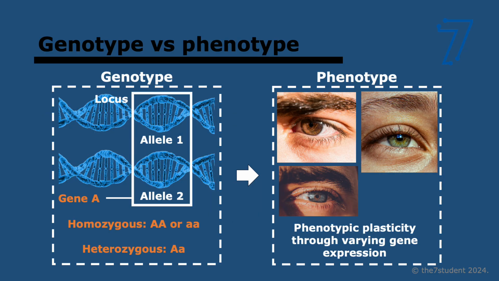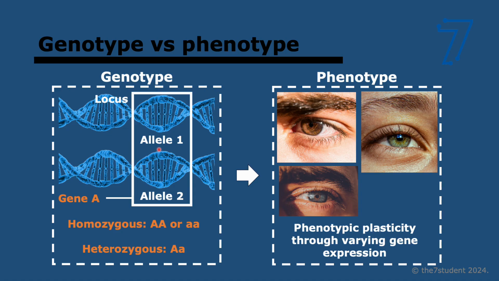So, genotype versus phenotype. Here's where it actually gets important, okay? What is the genotype? The genotype is simply the combination of alleles an organism inherits. What are alleles? They're different versions of a gene. So, they're the same gene, but they're two different versions, and that's what makes us different, in a way.